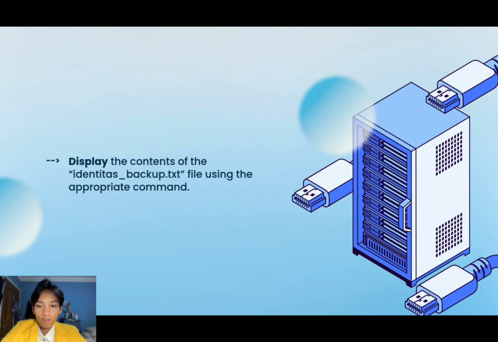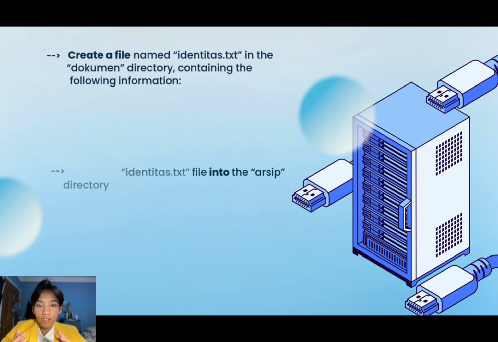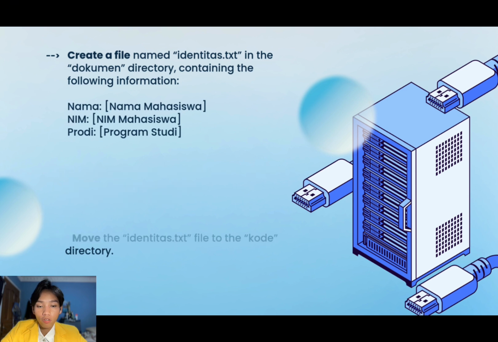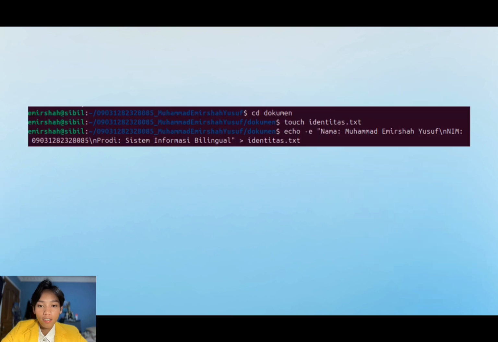But now we will focus on the first one, which is to create the file named identitas.txt in the document directory containing the following information: my name, my student ID, and my study program.